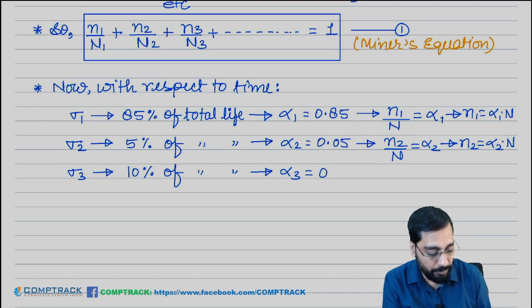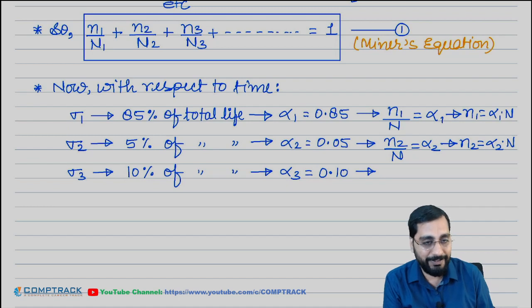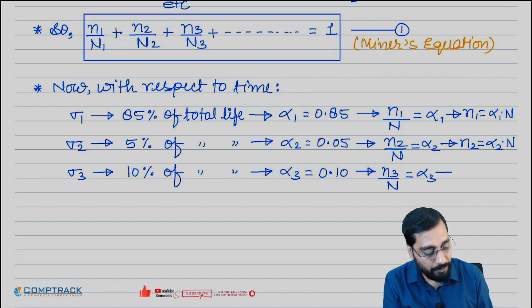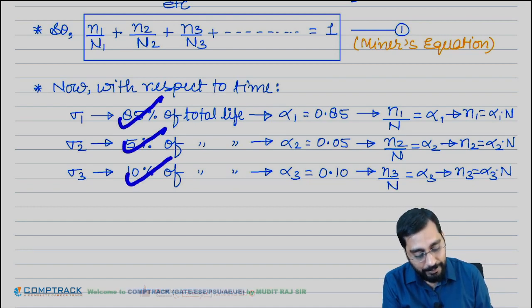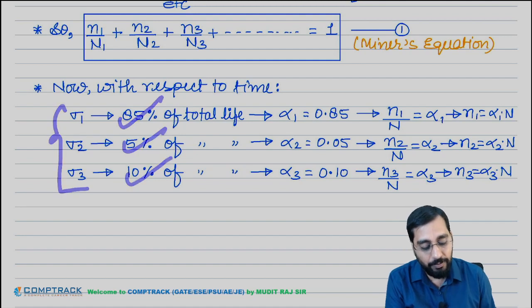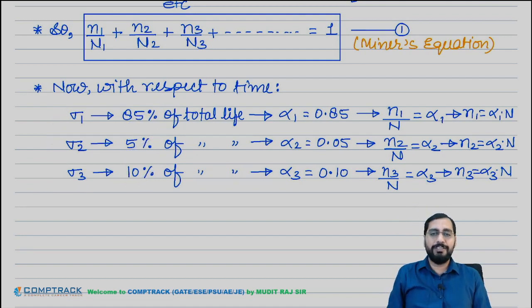Then this will be 0.1, so n3 by N will become your alpha 3, and n3 will become alpha 3 into capital N. 85, 90, 100. Let's say only 3 loadings are applied.